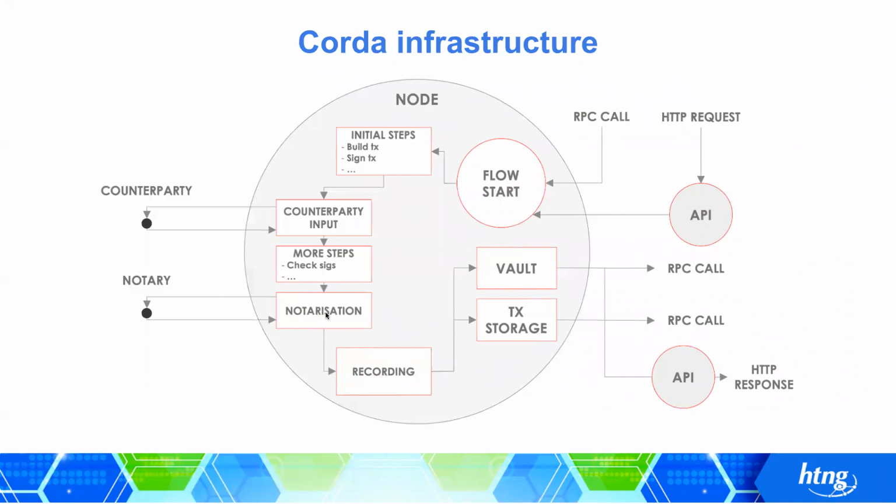In case of a correct signature, correct preconditions, and the contracts which you implement in your application, it will be recorded to the network between the participants which were involved in this process. It can be counterparties between different hotels, for instance, or different shops.